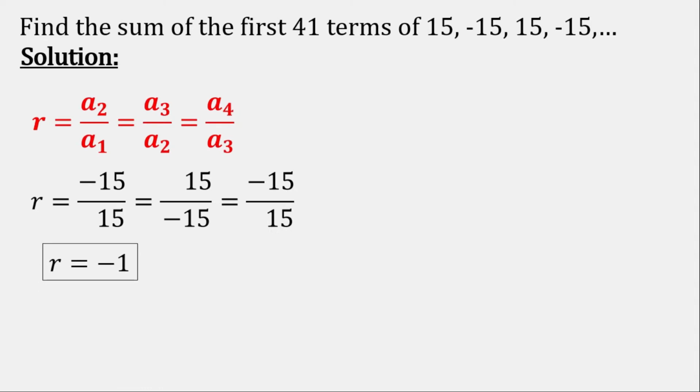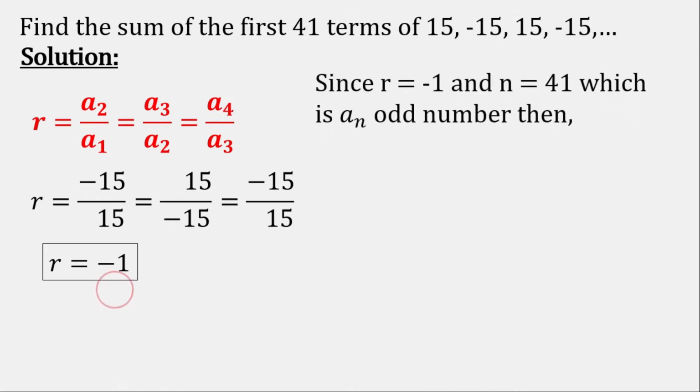Let's go with this example. In this case, if we solve for the common ratio, we get negative 1 as the common ratio. Another indication of that is it has the same numbers but has an alternating sign. Now I want you to look at the number of terms that we need to find: the sum of the first 41 terms. 41 is an odd number.